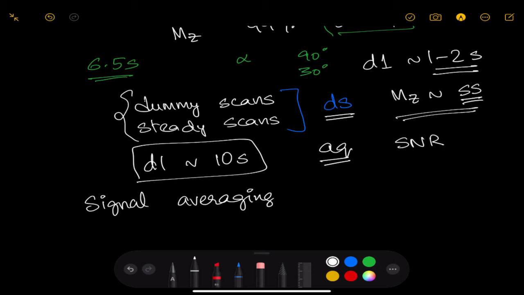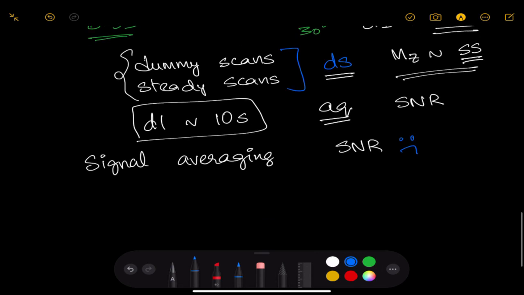What does signal averaging achieve? If you acquire a single scan experiment, you might not be happy with the signal to noise that you achieved. So what people generally do is to repeat the same experiment over and over again by repeating the number of scans.